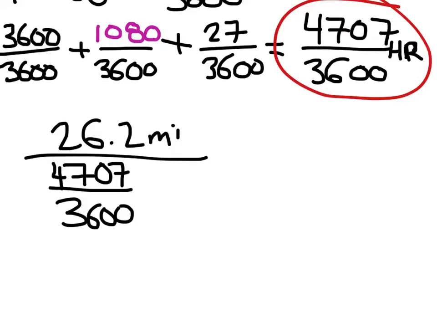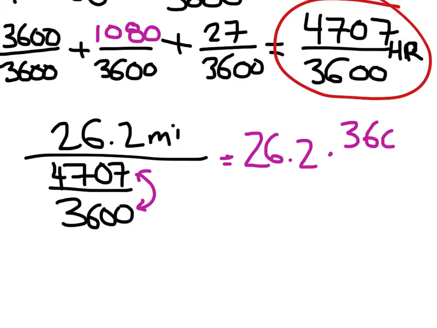The problem is you're dividing by a fraction, so really you have 26.2 times the reciprocal of this, 3,600 divided by 4707. If you do that in the calculator, you'll get about 20.04.